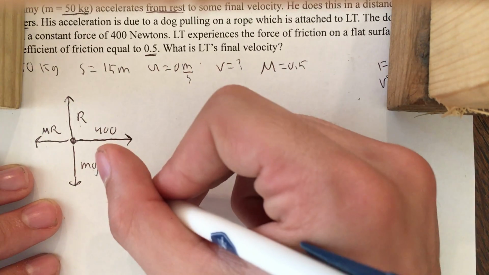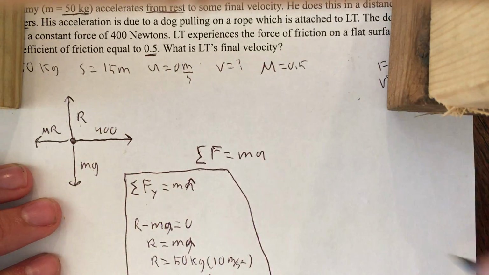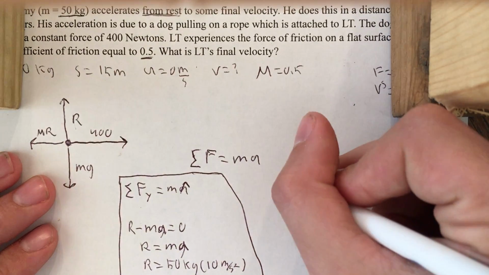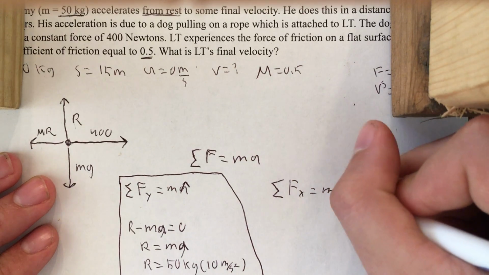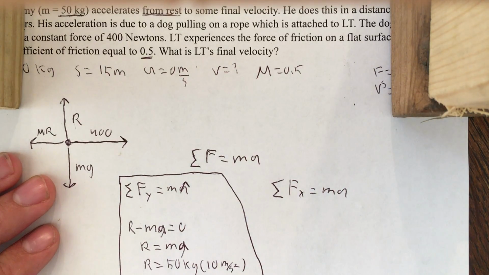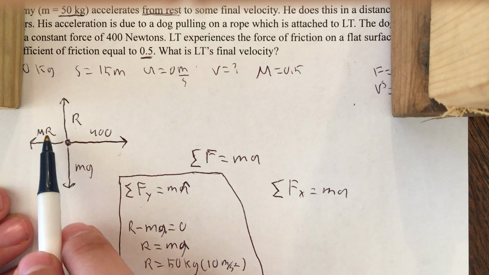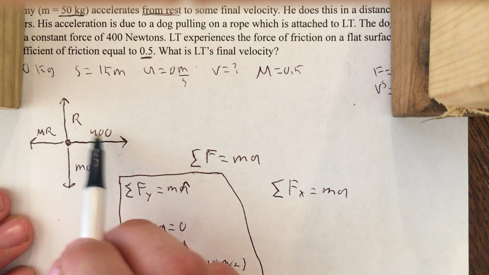So now that we have found the forces in the y direction, let's find the forces in the x direction. The sum of the forces in the x direction equals ma. And so we need to find the force of friction, and then we need to find the sum of those two forces.